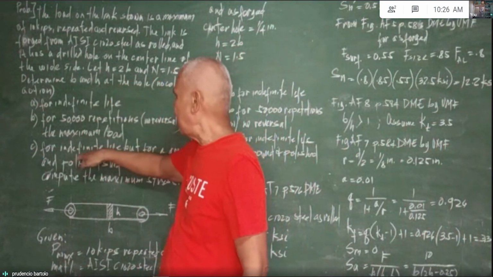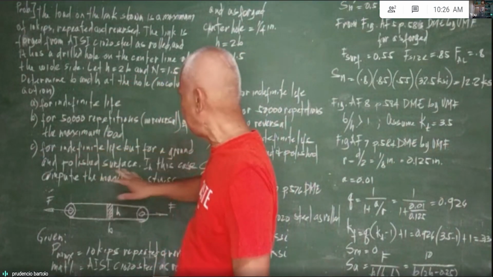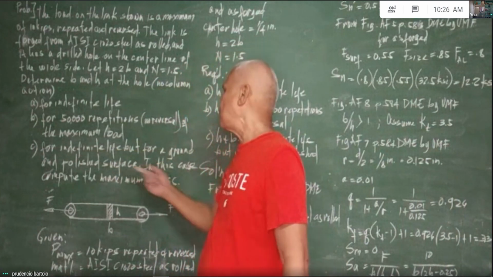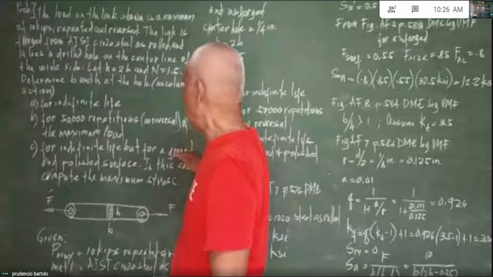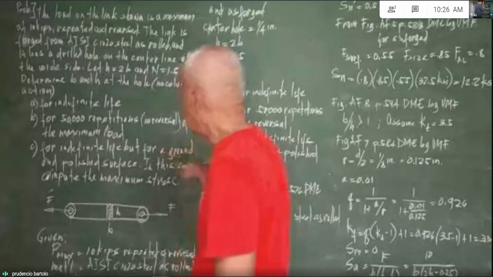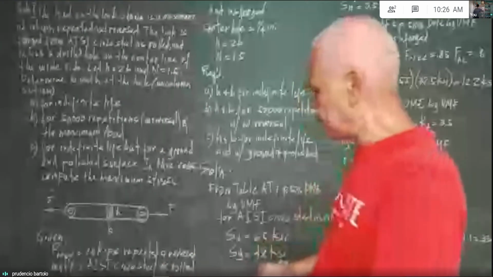A and C are actually the same except for the surface. For letter C, it is for a ground and polished surface.